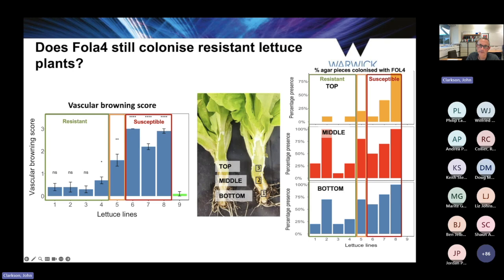So we think it is the case that sometimes these lettuce plants can look completely asymptomatic, but the pathogen may still be present. So that does raise the question of, if you plant a resistant lettuce, does it actually result in a reduction in inoculum?